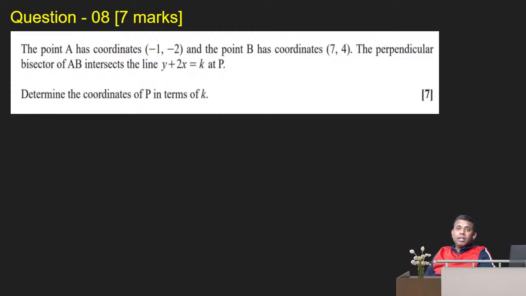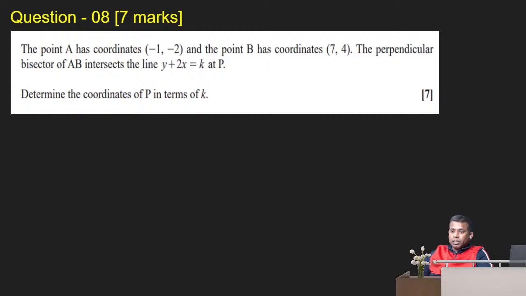Read the question first. The point A has coordinates -1, -2, and the point B has coordinates 7, 4. The perpendicular bisector of AB intersects the line y plus 2x equals k at P, right? Determine the coordinates of P in terms of k, right?